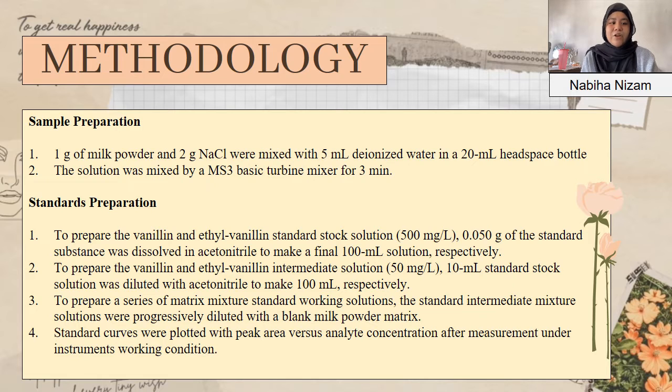To prepare a series of matrix mixture standard working solutions, the standard intermediate mixture solutions were progressively diluted with a blank milk powder matrix. The solution should be prepared freshly on the day of the analysis. Lastly, standard curves were plotted with peak area versus analyte concentration after measurement under the instrument working conditions.